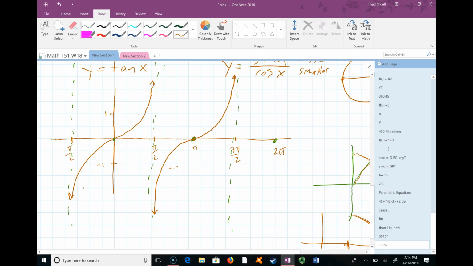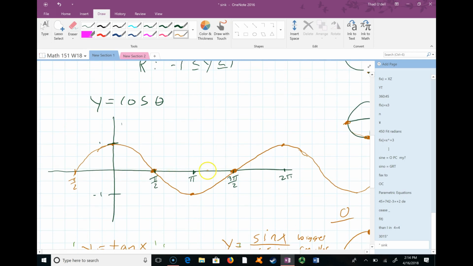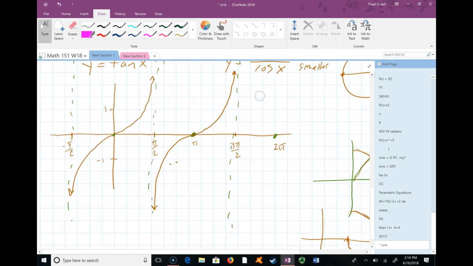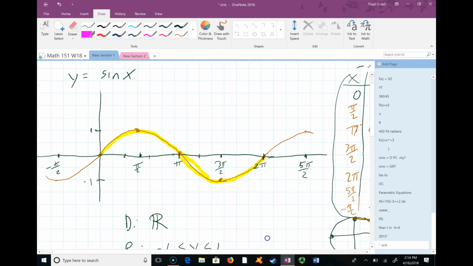Notice that in sine and cosine, you go from 0 to 2 pi before you start to repeat yourself. That's true in both of these. But in tangent, you go from negative pi over 2 to pi over 2, and then it repeats itself after that. We call that the period. The period of sine is 2 pi.